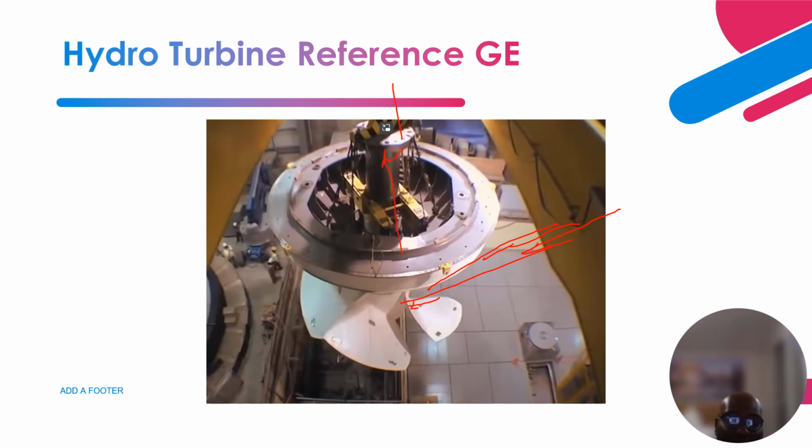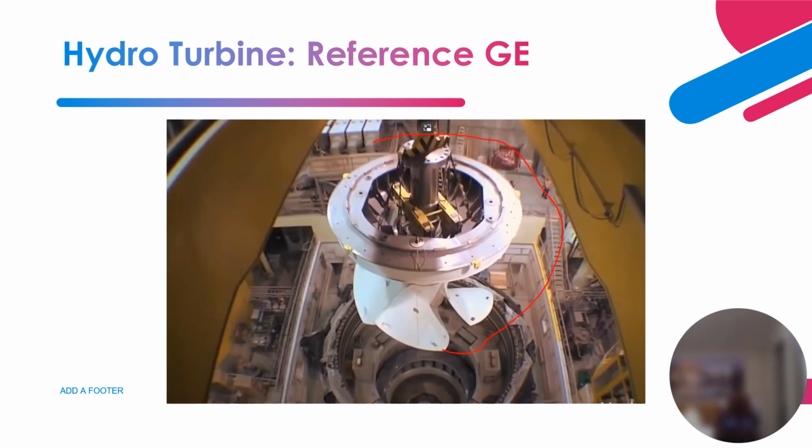The shaft is connected to the rotor shaft of the generator. So this is the turbine being inserted down here, and I told you that they are vertically mounted.